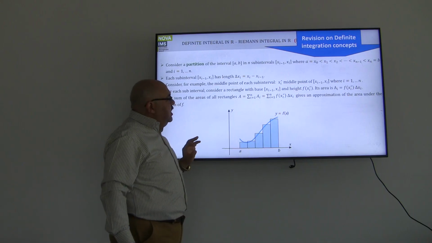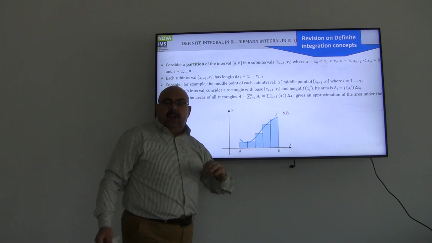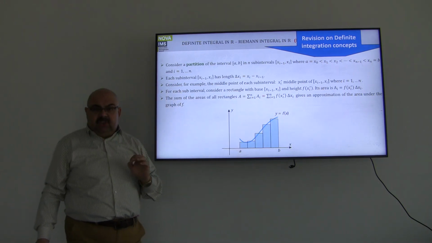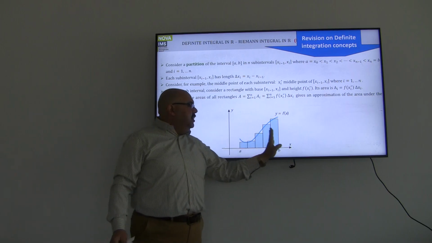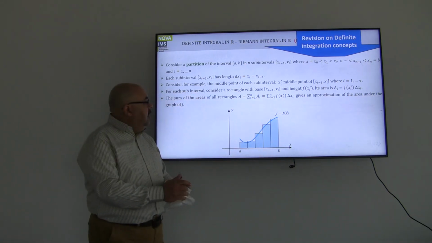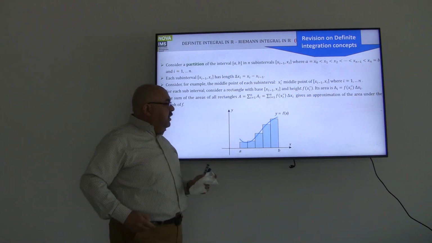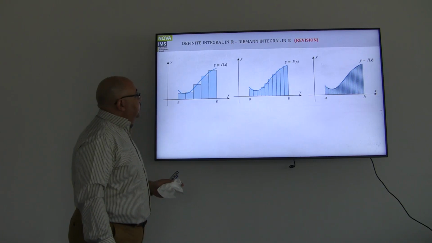Multiplying it by the value of the function at the midpoint will give you an approximate area of this rectangle. Adding these rectangles all together will make you capable of evaluating the area under the curve.